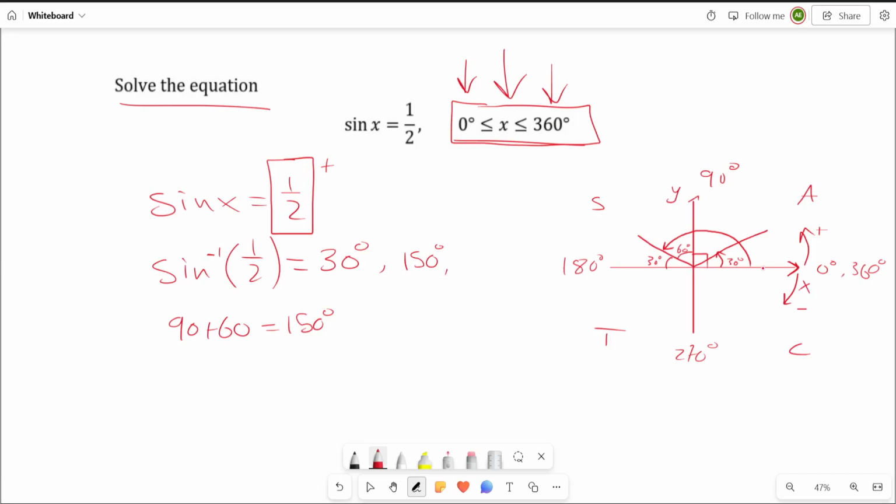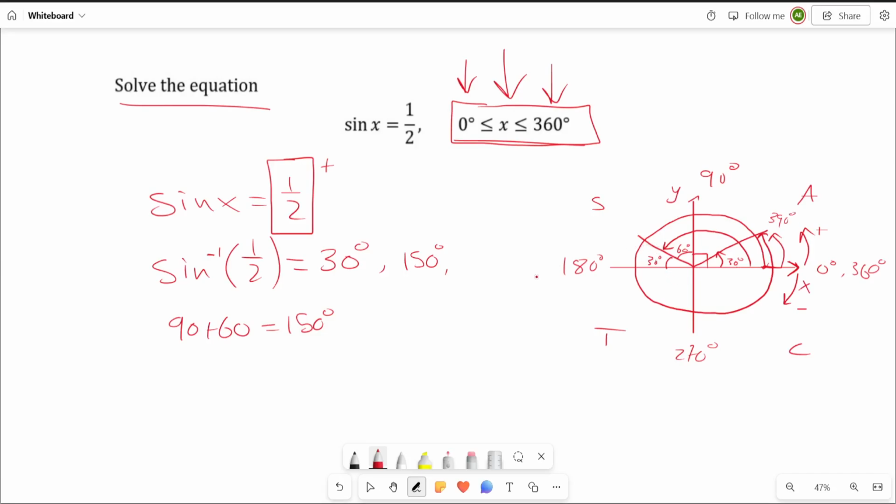So to get the third answer, I'll always start from my positive x. I'm going to move anti-clockwise until I hit the next line, which is this line. And by doing this, I can see that I've done a full rotation. So up until here, that's 360 degrees, and then I added 30. So this angle right here is 390 degrees.